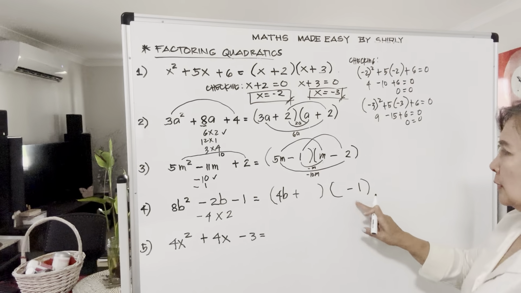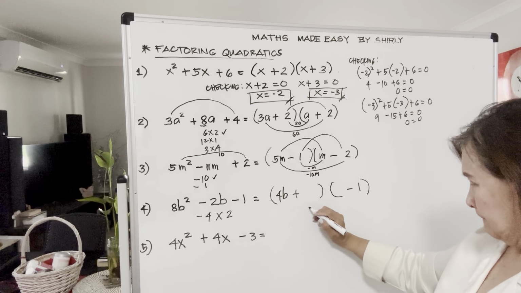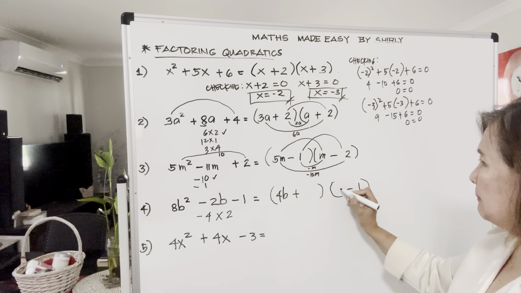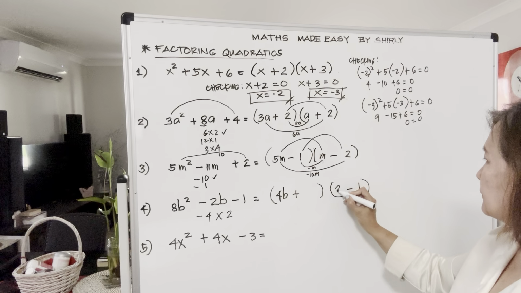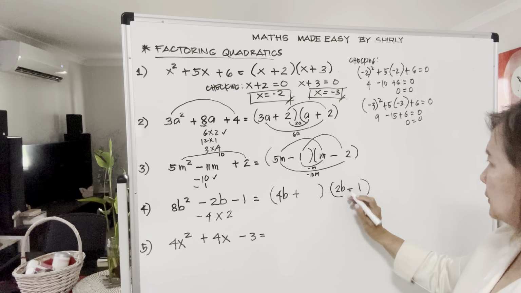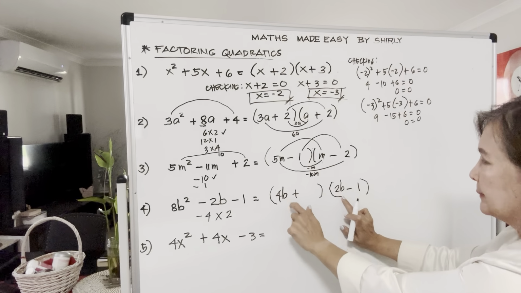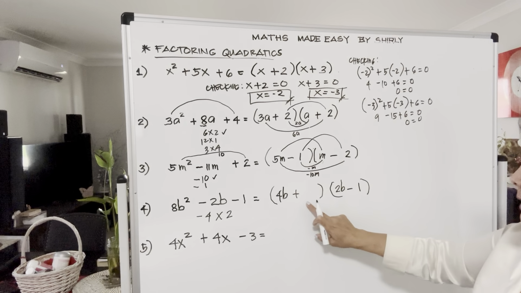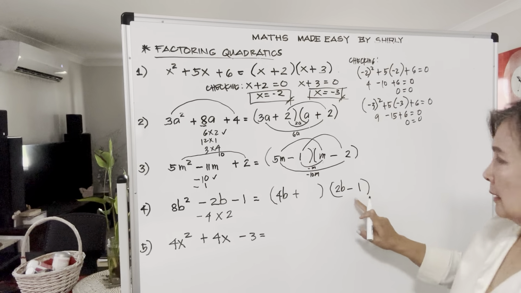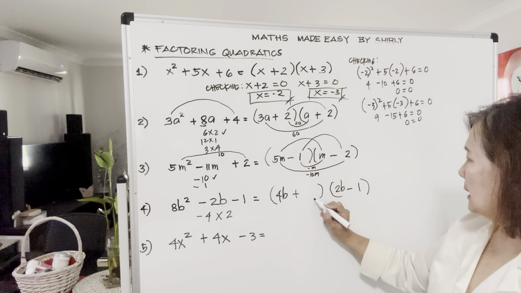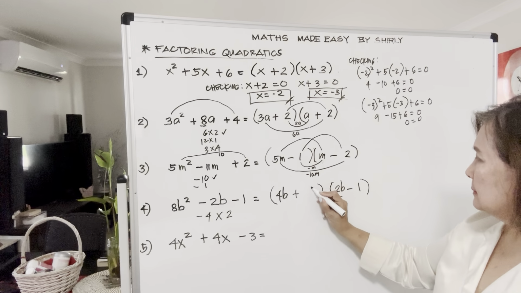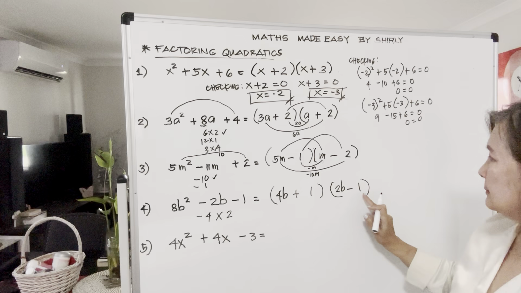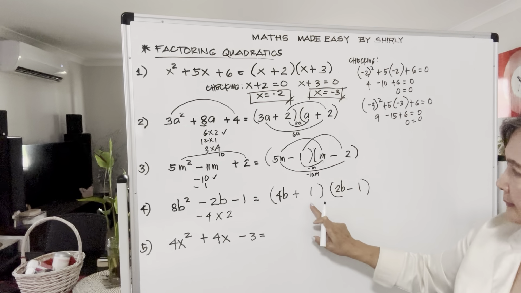Then next, we have to multiply this by 2b to get your 8b squared. And we have 1 times negative 1, that is negative 1.